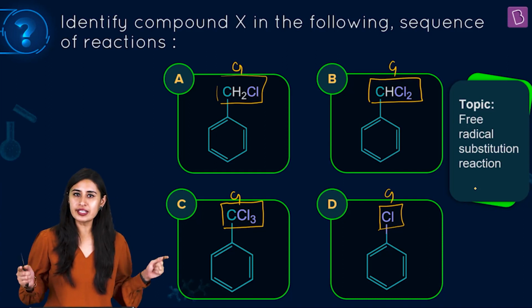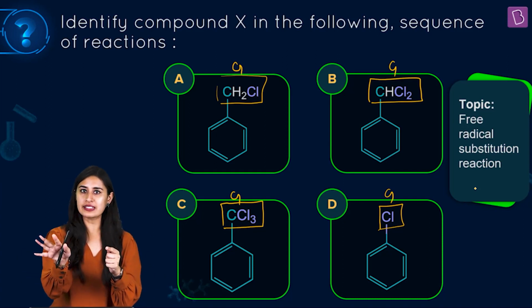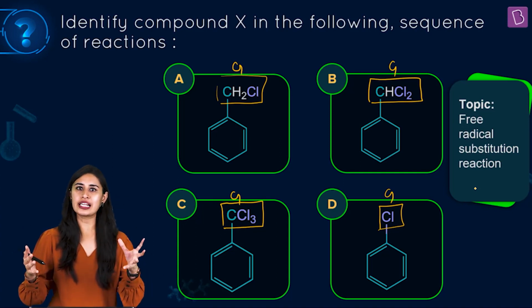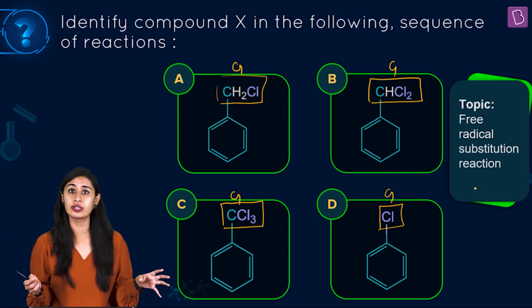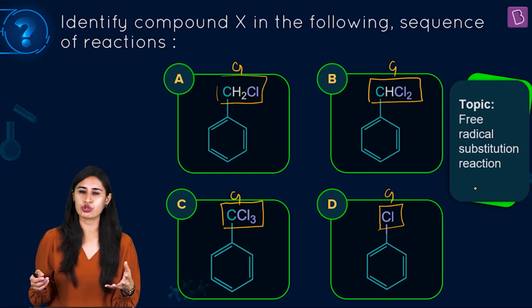If you observe, it's again a conglomeration of two different chapters. We are getting benzaldehyde, which makes it a chapter of carbonyl chemistry, aldehydes, ketones or carboxylic acids. And since we are dealing with a halogenation reaction, it makes it a question of hydrocarbons also, because we are halogenating toluene.